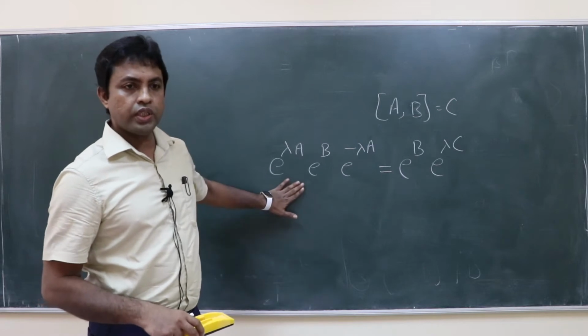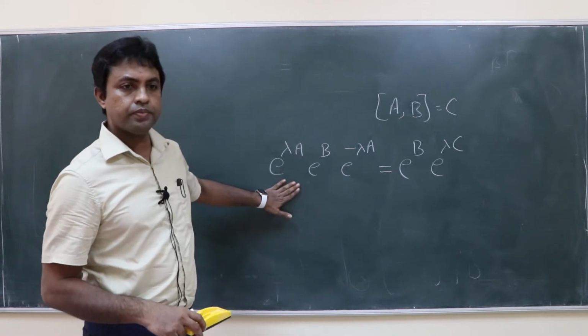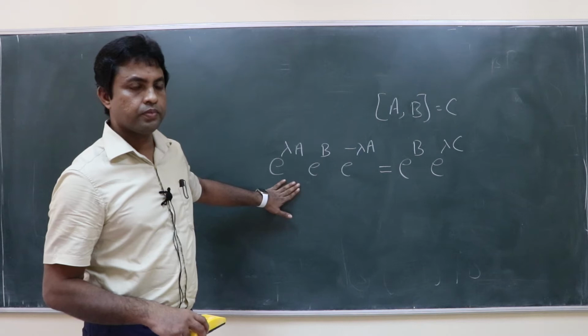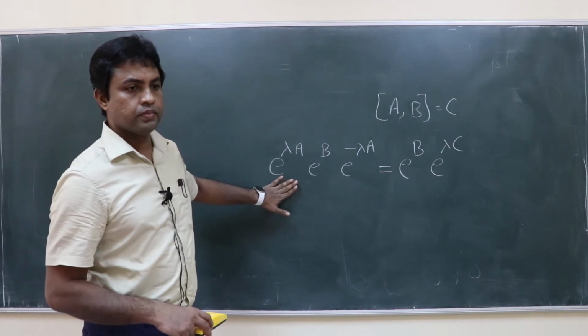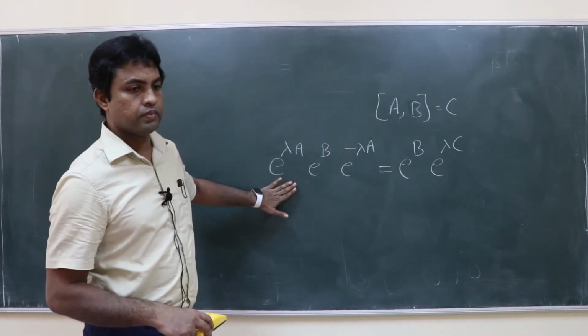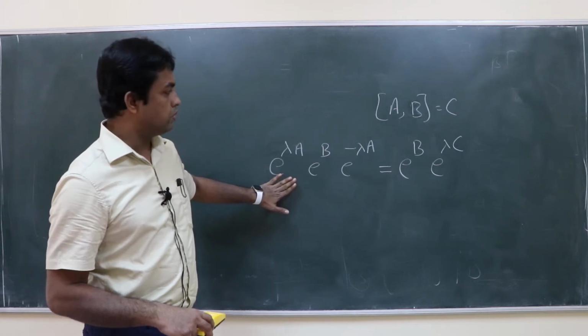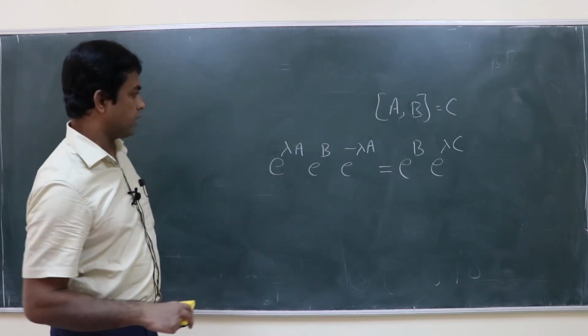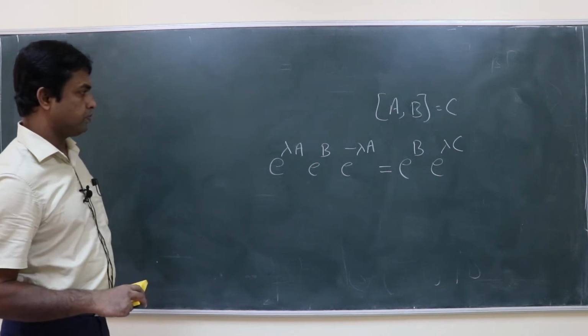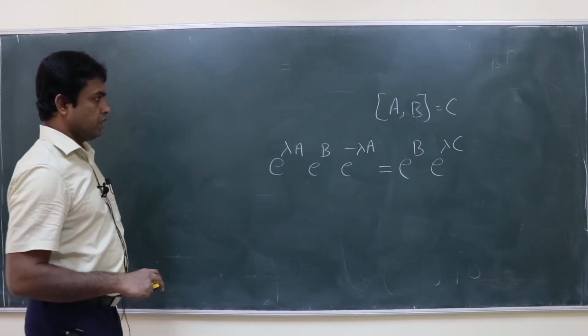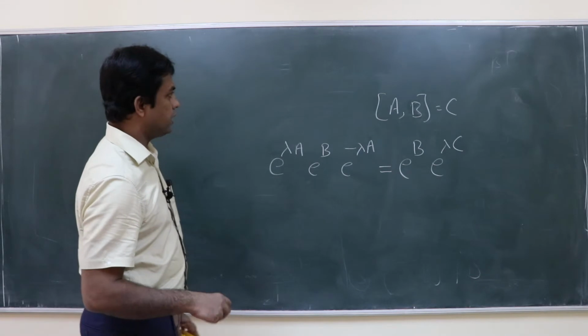So any question on this, how to derive this? All of you got it? Sir, I was unable to get. Okay, you are unable to get. Okay, fine, so let us start.